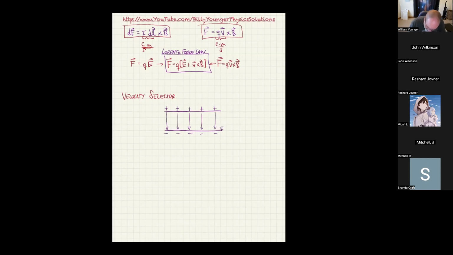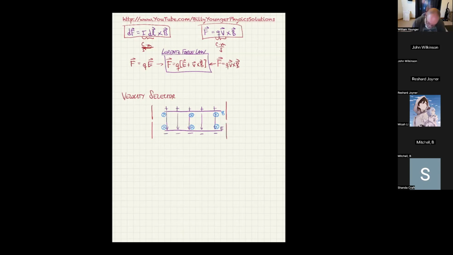Now, in addition to that, you create a magnetic field that goes into this page, that also is going to be uniform, of course. That's going to be the magnetic field B. And what you do is you create a little stopper, if you will, that basically only allows a narrow slit for particles to come through.